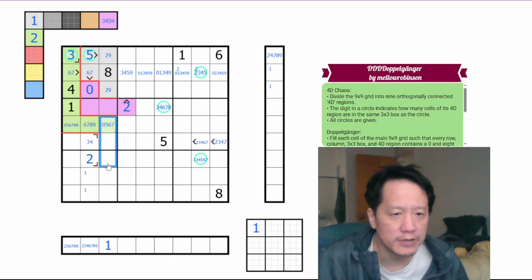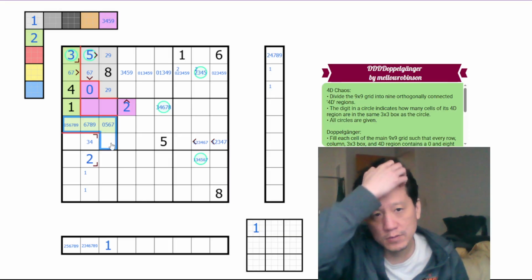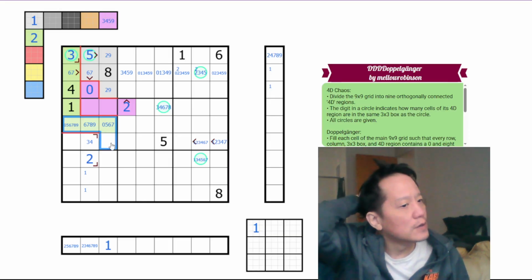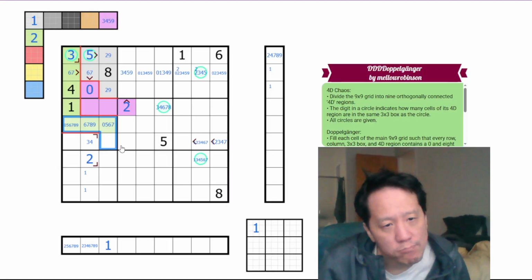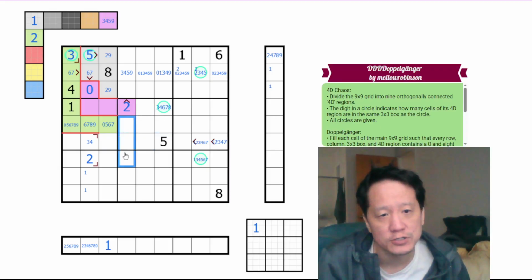So either it goes down here as a 5, and then you have a 0 here. Or it could go 3 here. Or it could go 3 here, 3 here, potentially.